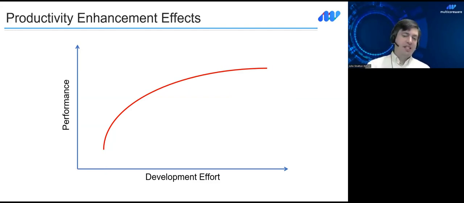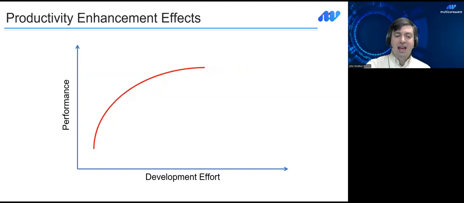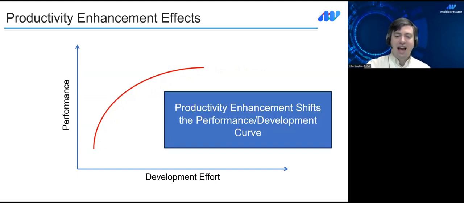So, what about productivity? Well, the way that you want to think about productivity is as a scaling factor or an adjustment to development effort. If you take your development effort and you increase productivity, effectively what you're doing is shifting and scaling this performance curve.